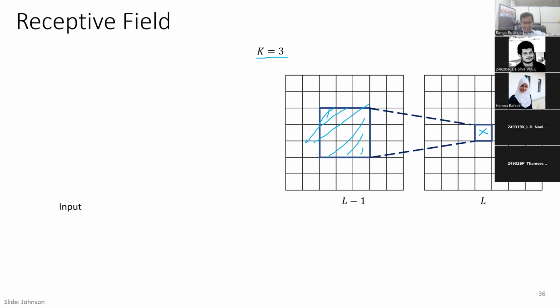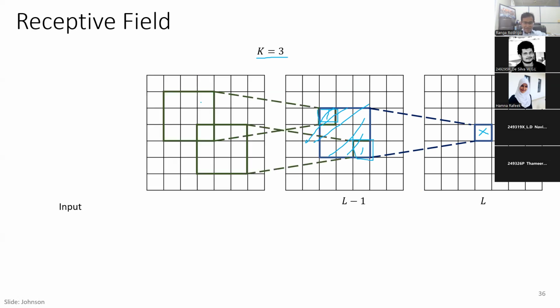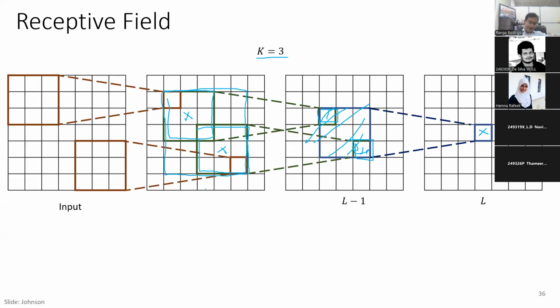If you take the extreme cases here, this one and this one, in the previous layer, this will have resulted from a 3 by 3 window here. The next corner one, this one from a 3 by 3 window here. So you can see the whole window will be this 5 by 5 window. Then when you go one more, you get a 7 by 7.